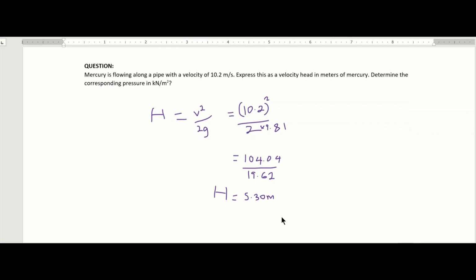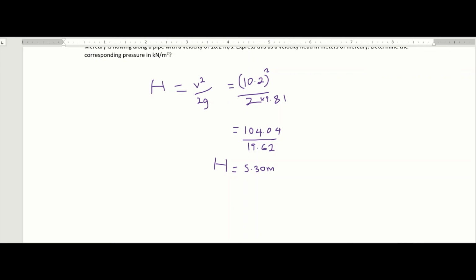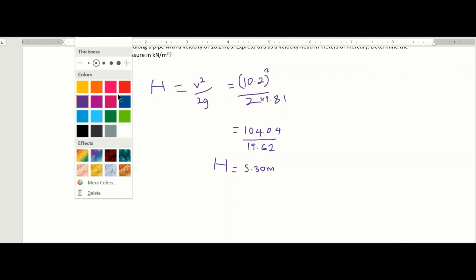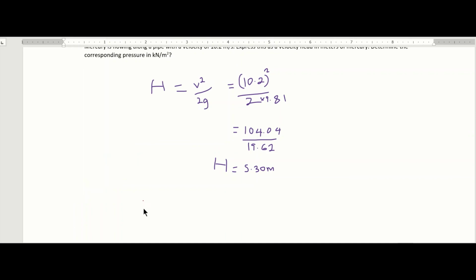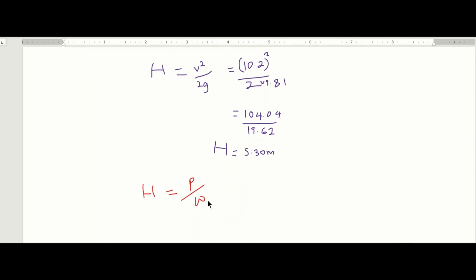Now the next part of the question, we're asked to find the corresponding pressure. Now we also know that the corresponding head is also equal to pressure over the specific weight of the substance. In this case, the fluid in the system is mercury, so therefore it is the weight of the mercury.